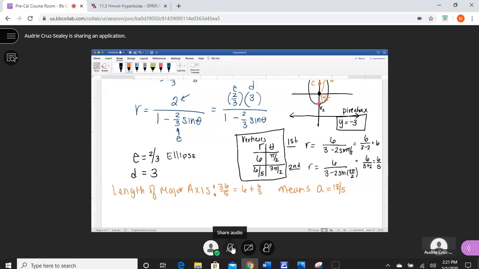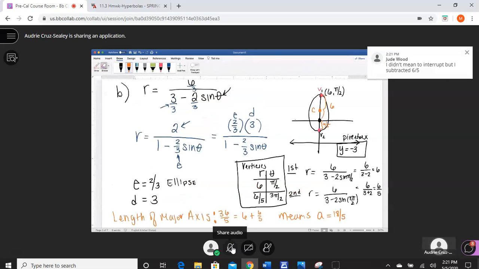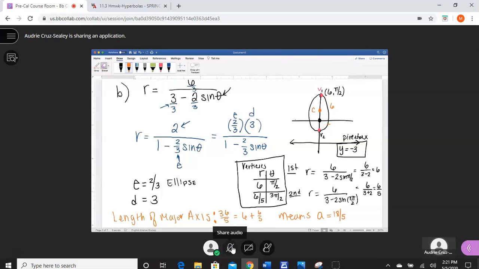Okay, maybe I can help. Okay, watch this. Maybe this will help. Maybe my picture's too messy. You got 18 over 5. Do you agree with that? That means the distance, look up here. I'm going to do a different color.